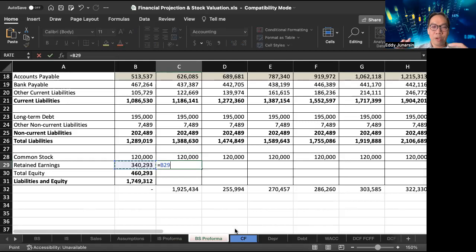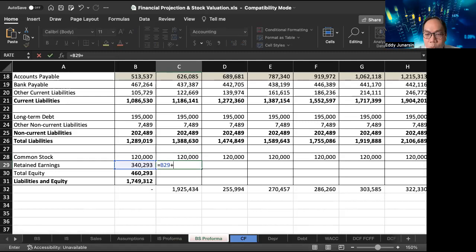So we get it from the previous retained earnings plus the amount that the company wants to save in that particular year. So what is it? It should be the difference between the net income and dividend payout.